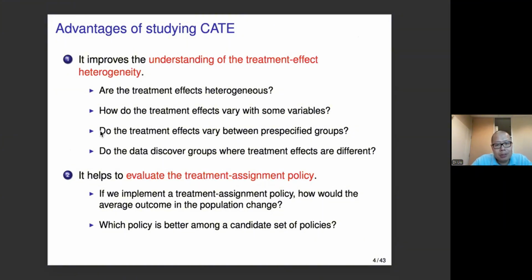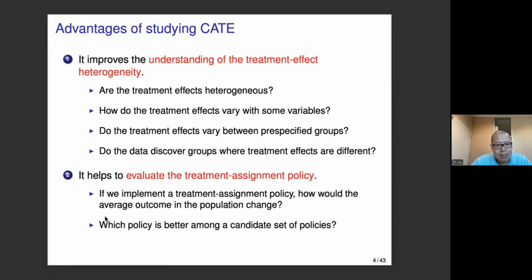The third question is, how do the treatment effects vary between pre-specified groups? And last, we may not know how treatment effects vary between groups, so we want the data to discover groups where the treatment effects are different. So this is the first advantage of learning CATE.